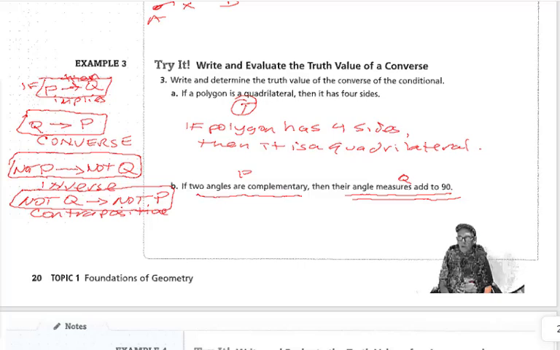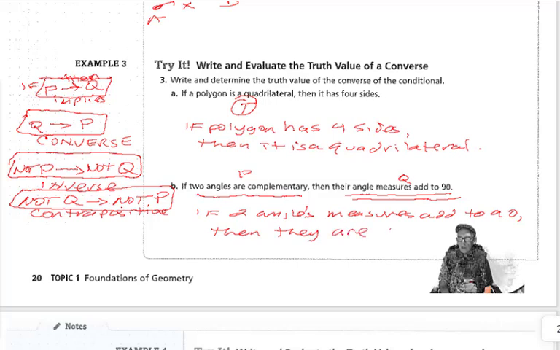So if two angles' measures add to 90, then they are complementary. We did Q then P.